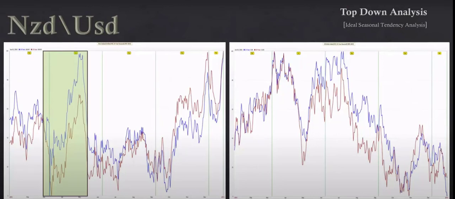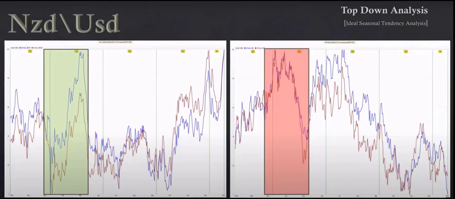See here again, just like we saw in the Australian dollar, a rally that's typical for the March-April time period, making a high in May for the New Zealand dollar futures price. And again, if it's true, we should see a contrasting sell-off at the same time of year. Again, we do see that April-May high and low forming.